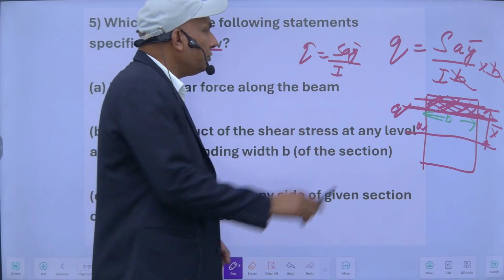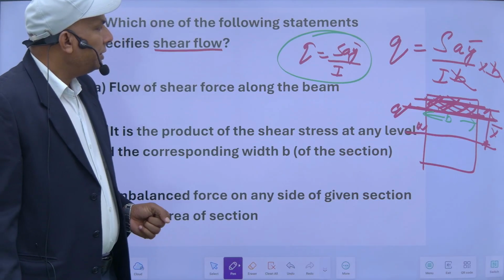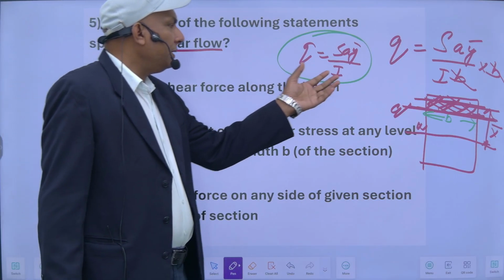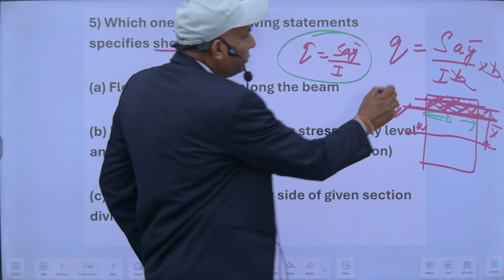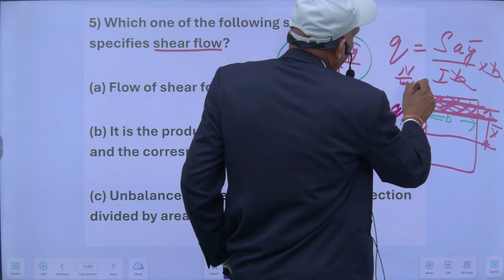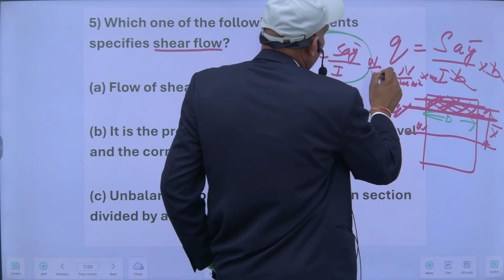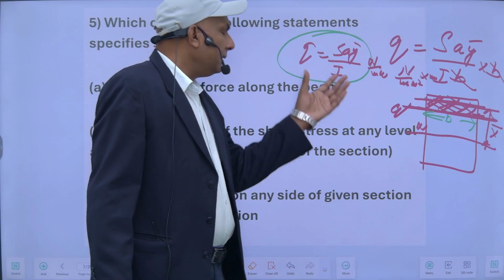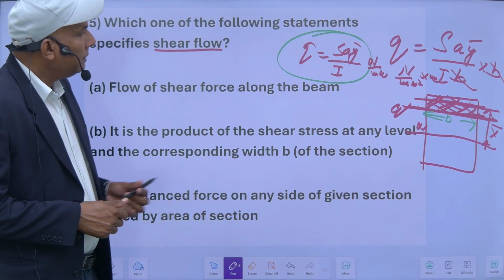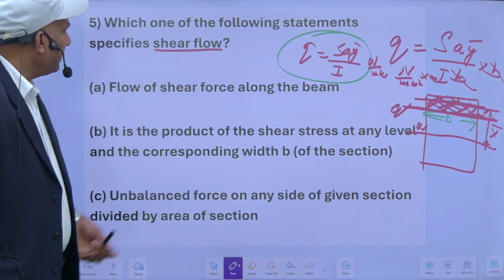This is the formula for shear flow. It will give shear force per unit length. This Q is in Newton per mm square. If I multiply by B in mm, it will be Newton per mm. So this will be shear flow. Shear flow is shear intensity per mm length.